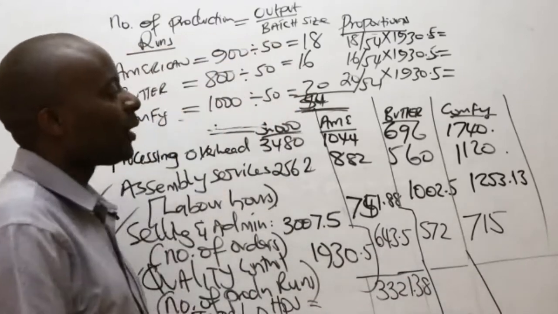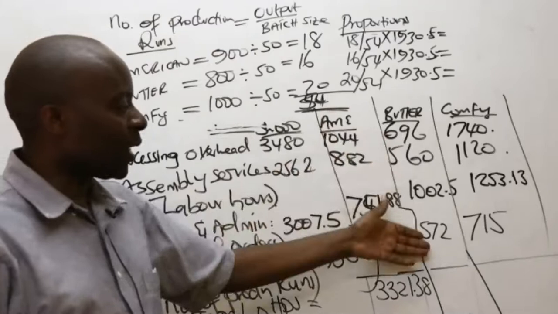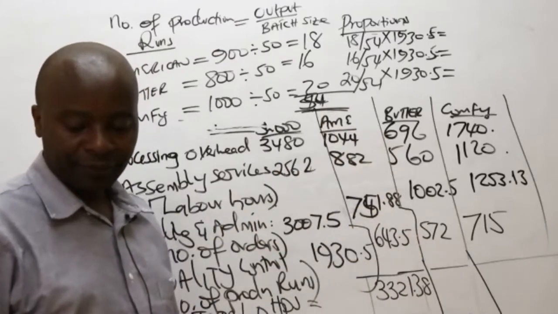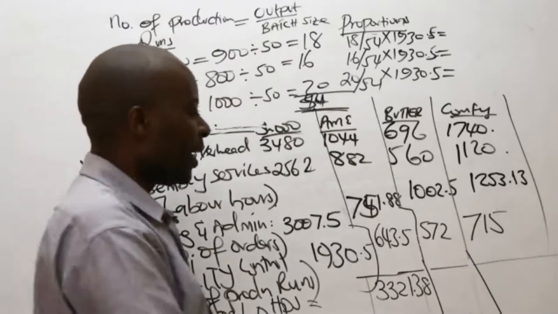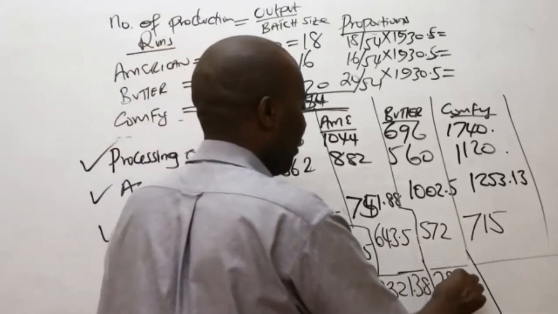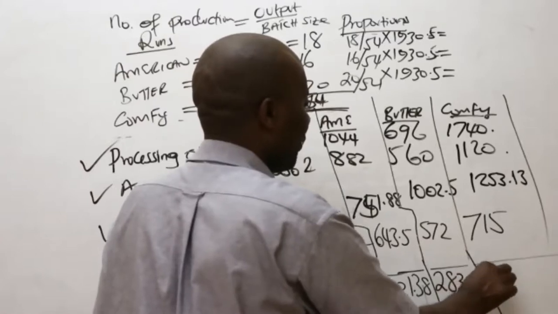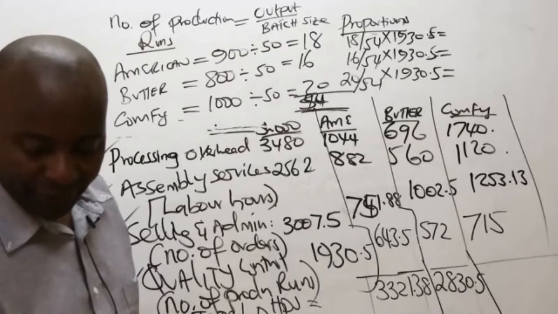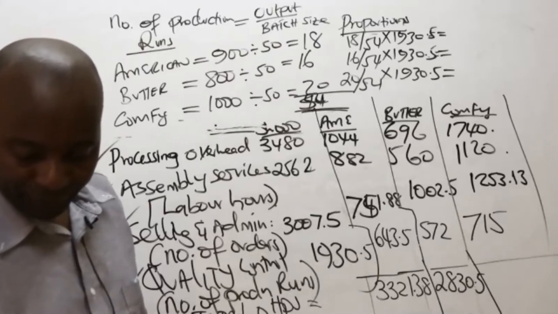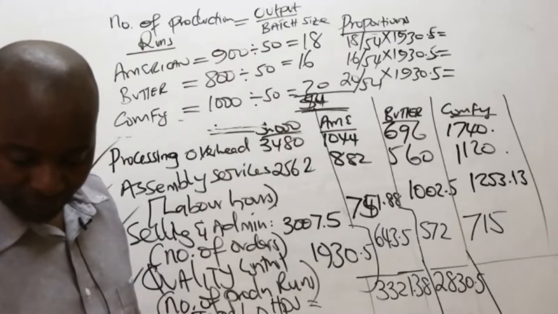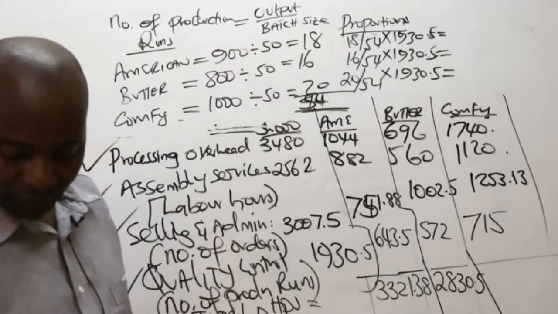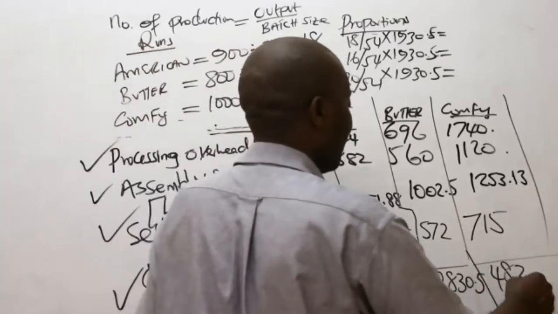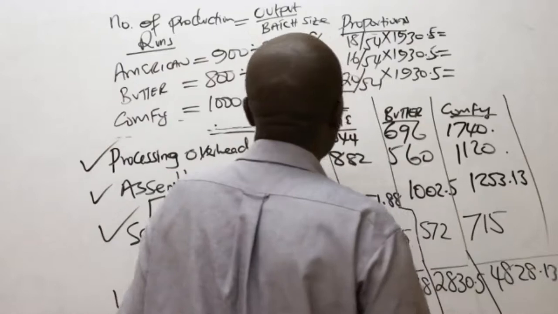Just slowly: 696 plus this plus this plus this. 2830.5. And then lastly, what do we have there? 48,280.13. Thank you very much, ladies and gentlemen.